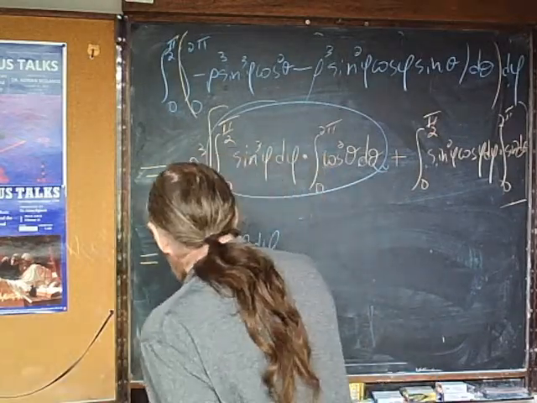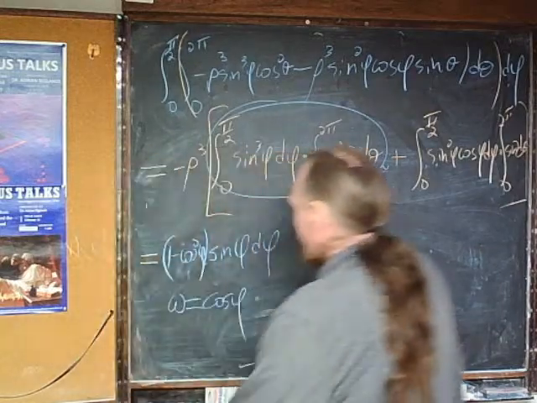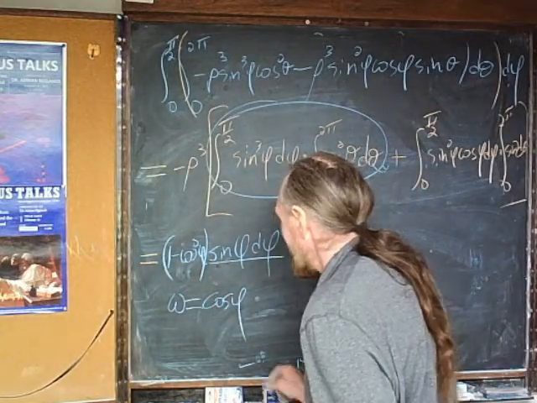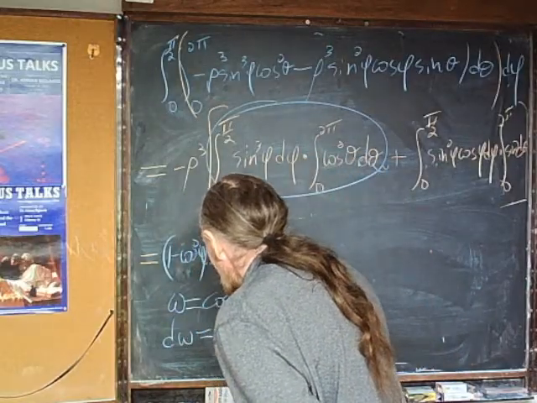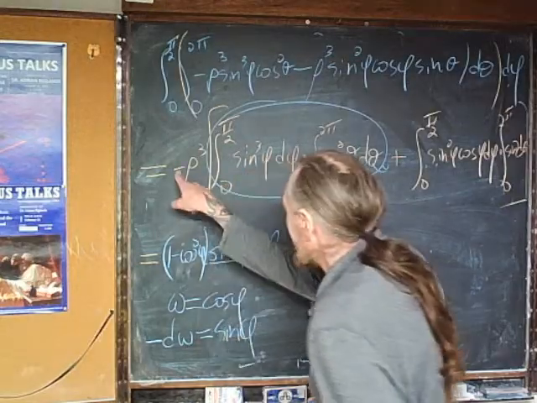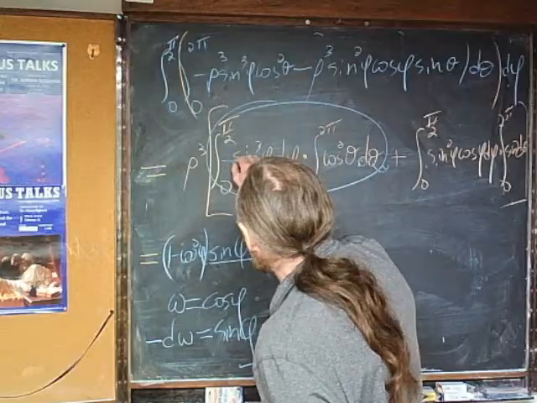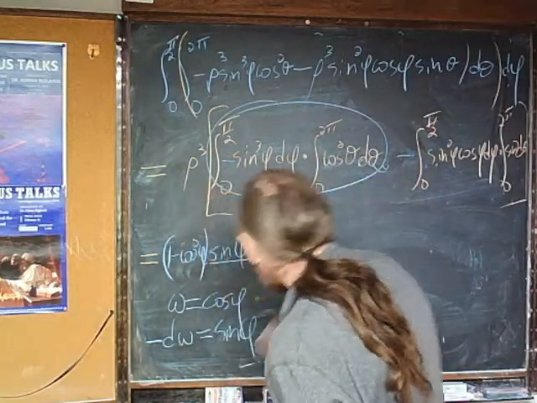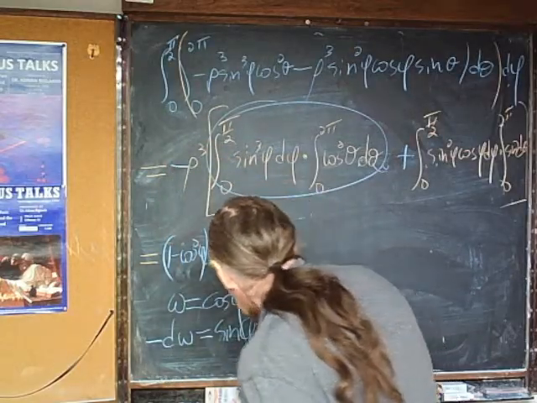Again, from Pythagoras' identity, that will be 1 minus cos squared phi. And then the differential I'm looking for, whose differential would that be? So negative dw will be sine phi d phi. I could take that negative and use it in here. That was a good move, though.